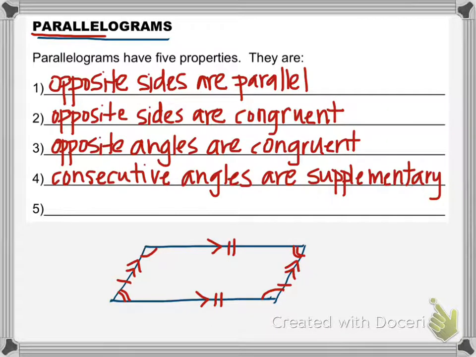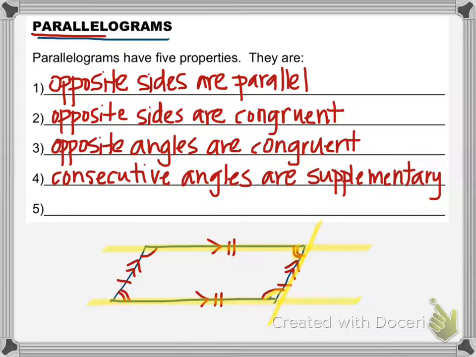Consecutive angles are supplementary. So for example, these two angles, those two are going to add up to 180, and here's why. If these two lines are parallel, and this is my transversal, then these two angles in my parallelogram, those are same side interior, they're supplementary.